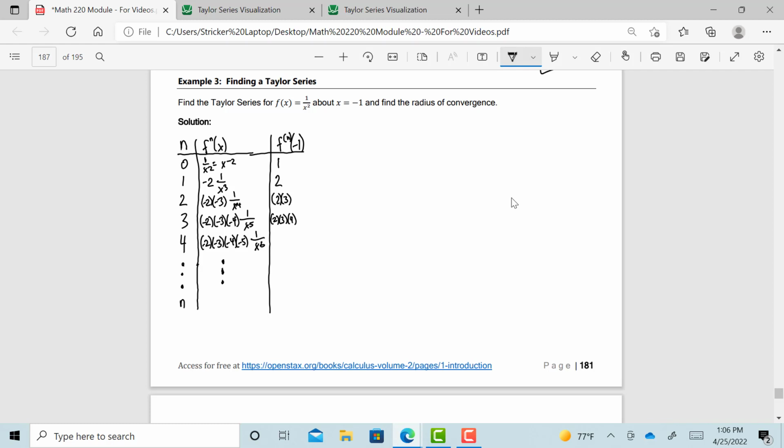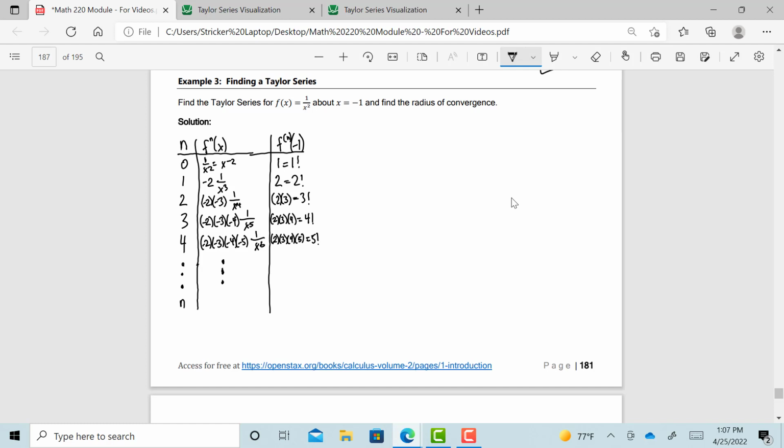And then the last one is going to be positive, right? All these are positive. And the last one is 2 times 3 times 4 times 5. These are all factorials. This is 5 factorial. This is 4 factorial. And 3 factorial, and 2 factorial, and 1 factorial.